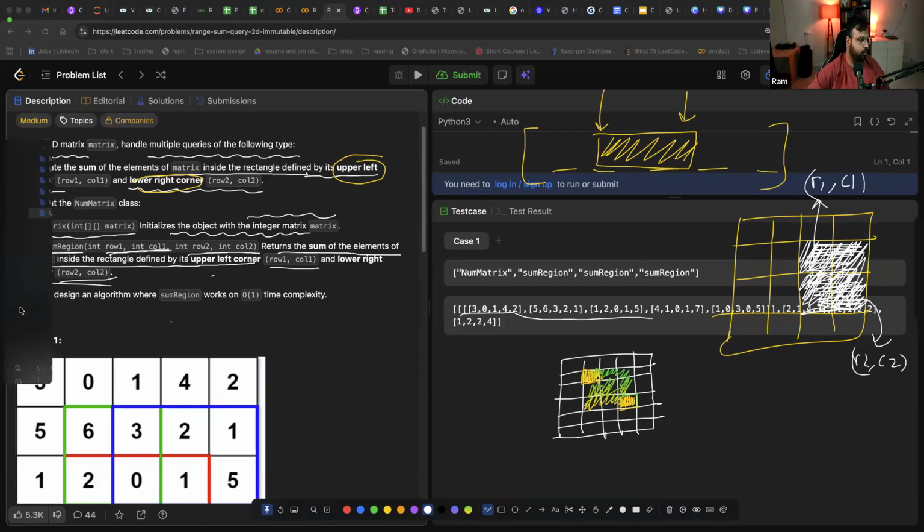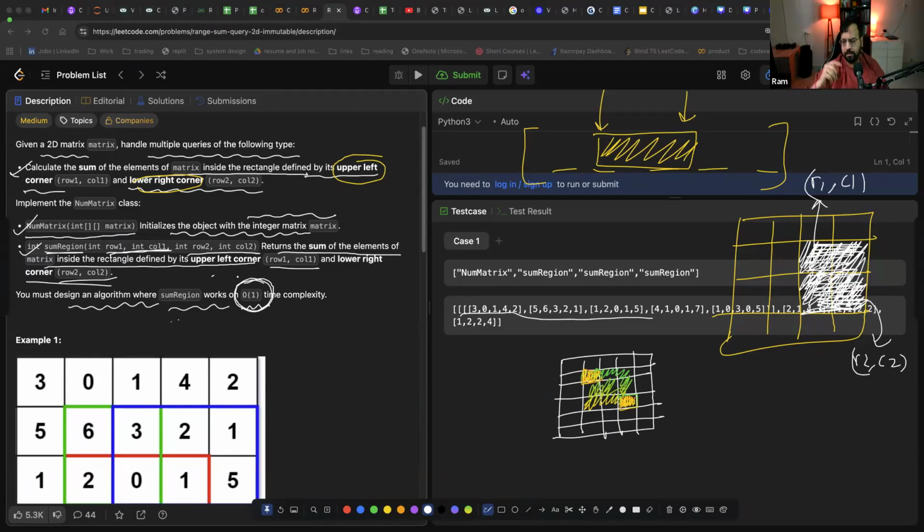Here it is written that you must design an algorithm where sumRegion works in O of one time complexity. This is what we discussed earlier also, that we were trying to implement it in O of one time complexity. Here also we have to do the same thing.